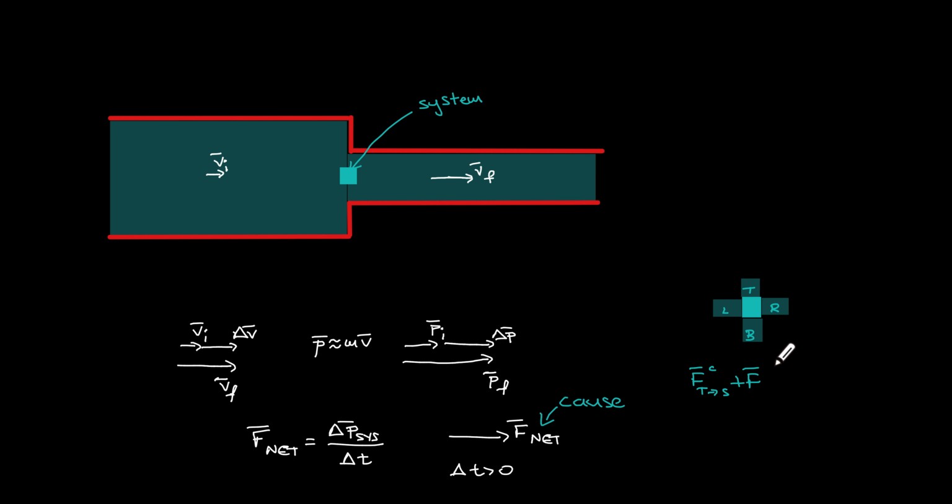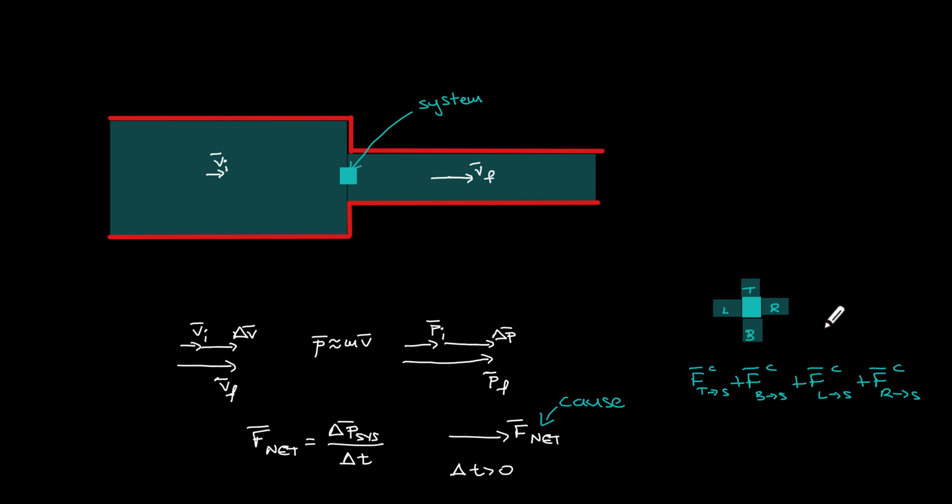There is a contact force from the bottom on the system, this part of the fluid. And there is a contact force from the left fluid on the system, plus there is a contact force from the right on the system.